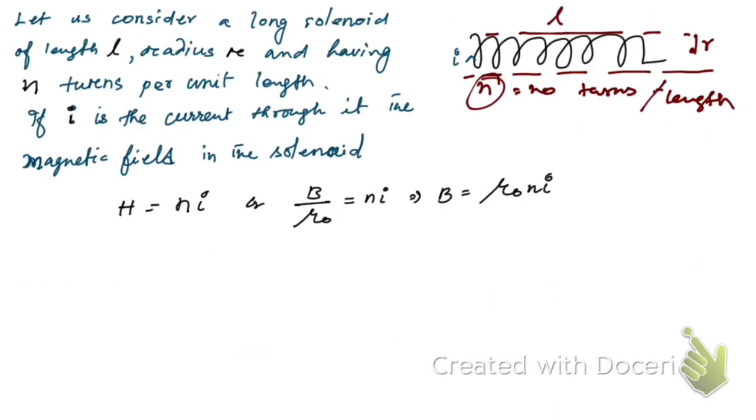So now here you see, the self-inductance L is given by mu naught n square pi R square L. Self-inductance is given by this, and magnetic energy is stored in an inductor.